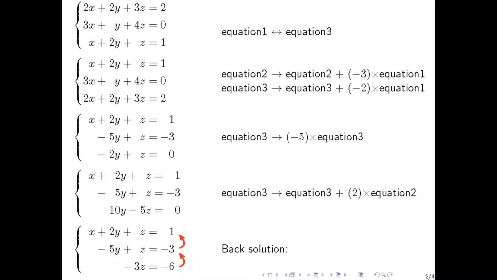After we know both y and z, we are going to replace them back to equation 1 and we are going to find x. So the solution for the system of linear equations is the column vector negative 3, 1, and 2. And because we are tracing back from below, this is called the backward solution.